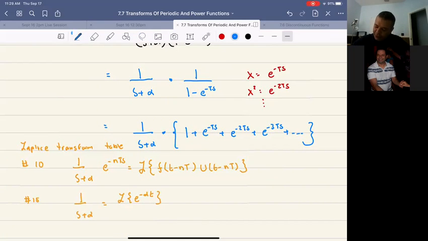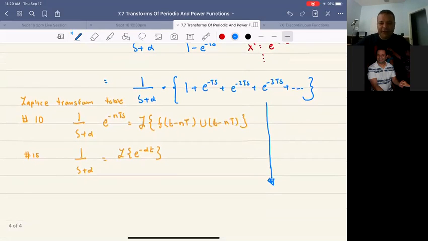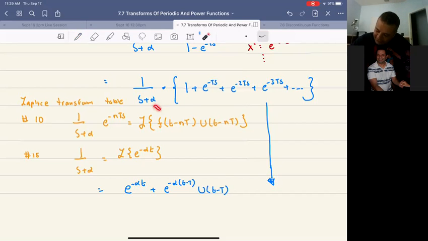Putting all of this through these properties, we get e to the negative alpha t first, because that's times 1, no need for u of t, plus e to the negative alpha t minus t, u of t minus t. That comes from this times this.